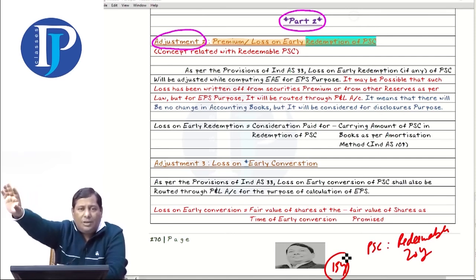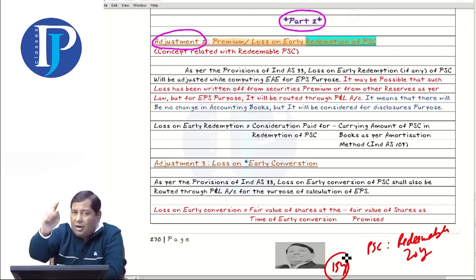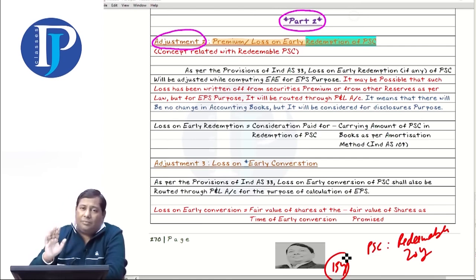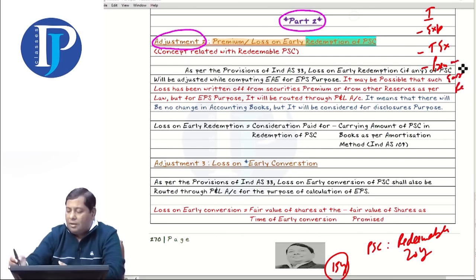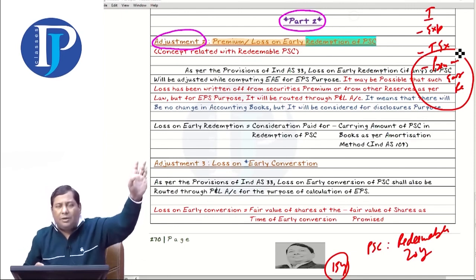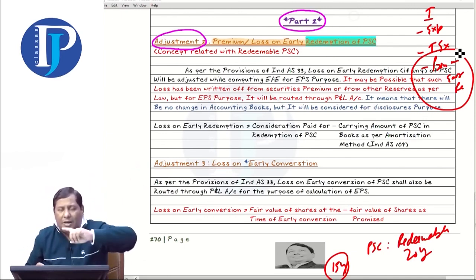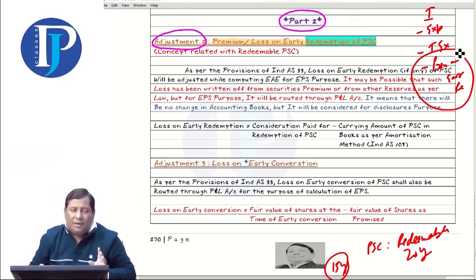You can do what you want in your books, but in AS 33, we'll count that loss in calculation of earnings available for equity shareholders. Clear? Okay. Income minus expenses minus tax expenses, and then again we will deduct the premium on early redemption. You may have set off this premium from any reserve in your accounting books. But students, when we do the EPS calculation, we will carry this burden on our earnings.